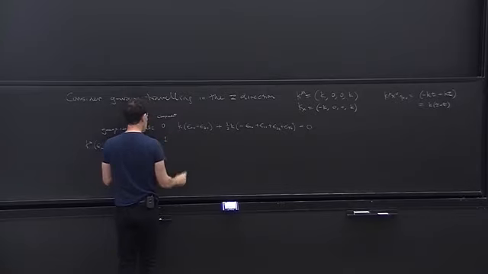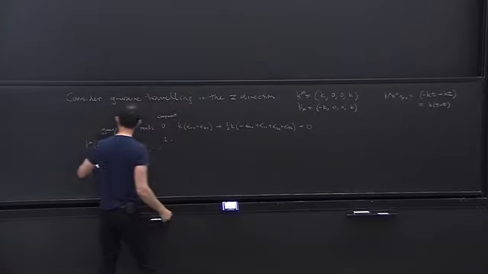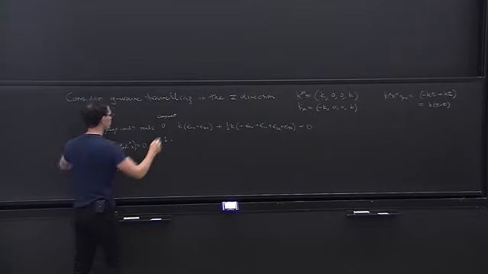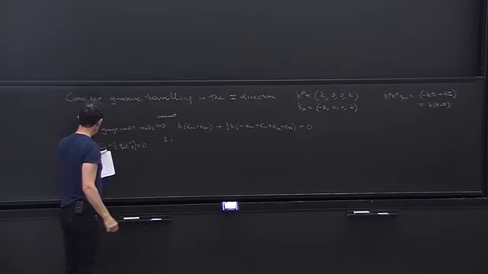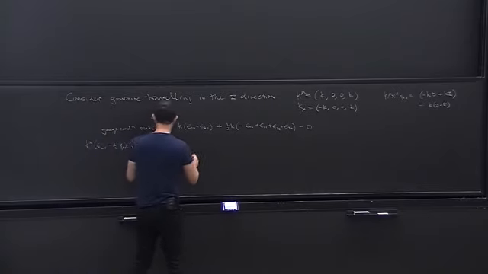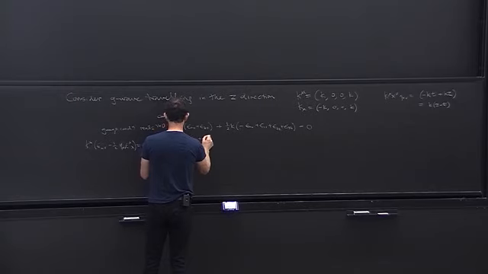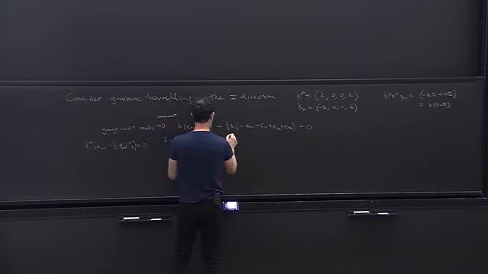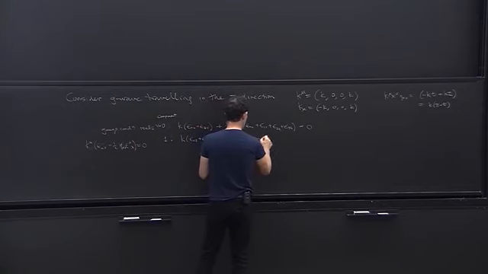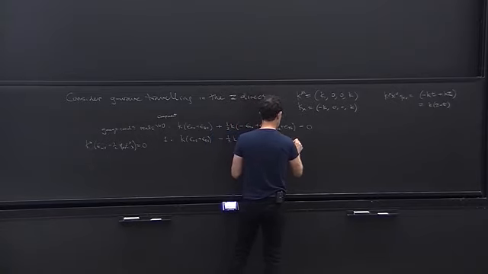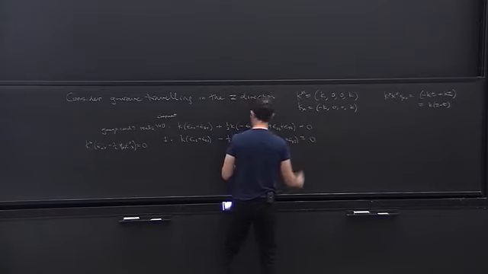And then if ν equals 1, the equation I get is k times ε_03 plus ε_33, and then here I get a minus 1/2 k times minus ε_00 plus ε_11 plus ε_33 equals 0.